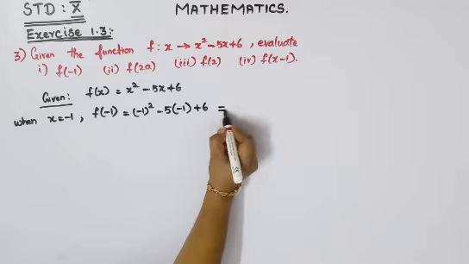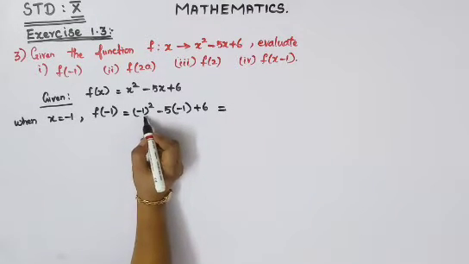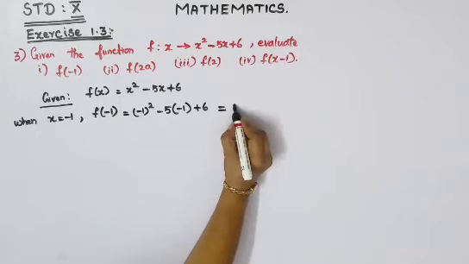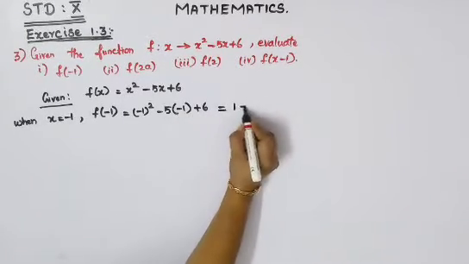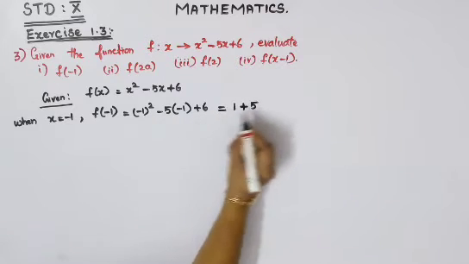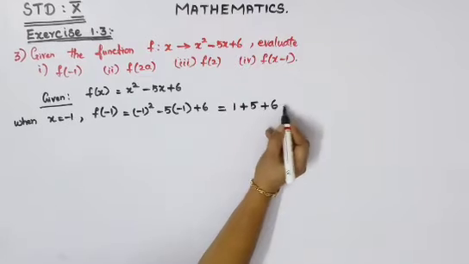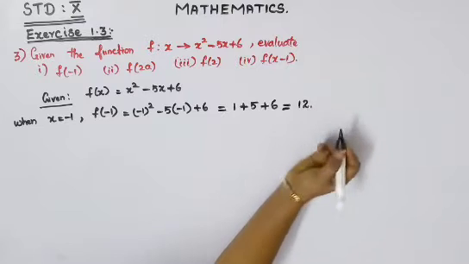So now we will go for solving. Minus 1 square will become minus 1 into minus 1, it will become plus 1. So I will just write 1. This minus into minus will become plus. 5 ones are 5. Again this plus 6 is there as it is. So now adding all these three terms, I will get it as 12.